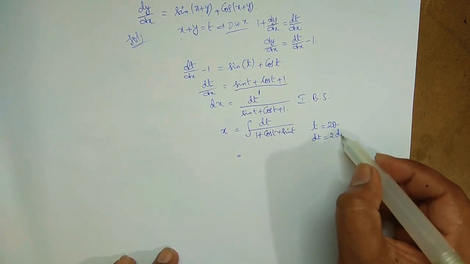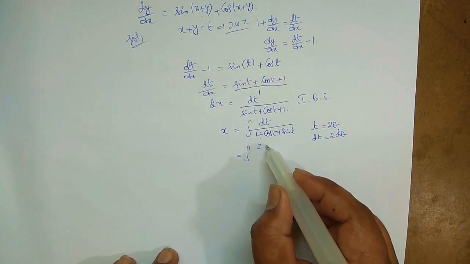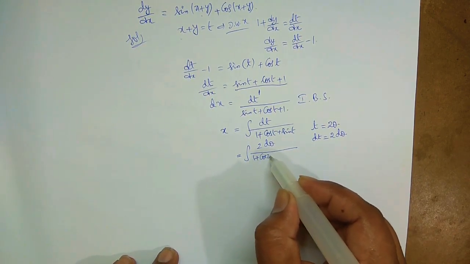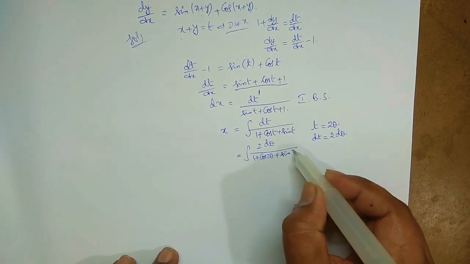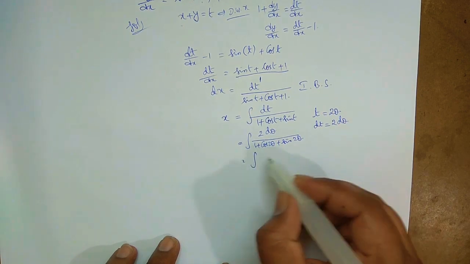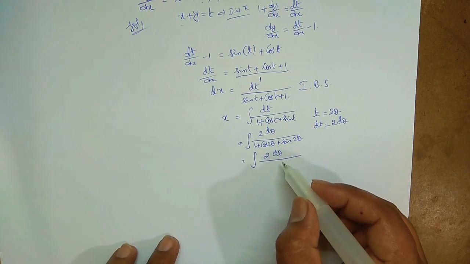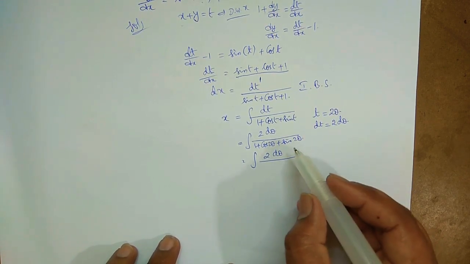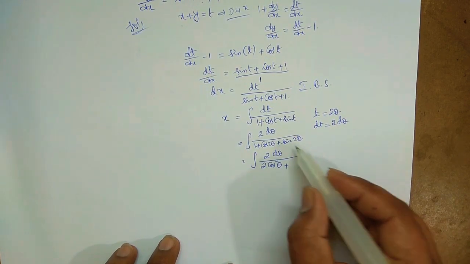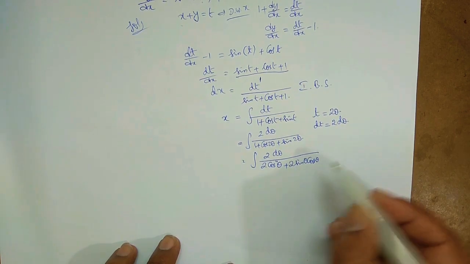So dt you will substitute here, 2 into d theta divided by 1 plus cos 2 theta plus sin 2 theta, that is equal to the integral 2 into d theta divided by 1 plus cos 2 theta, which is 2 cos square theta, plus sin 2 theta, which is 2 sin theta cos theta, right?